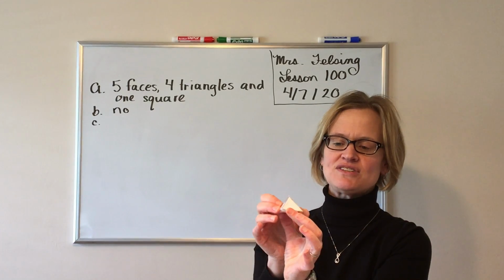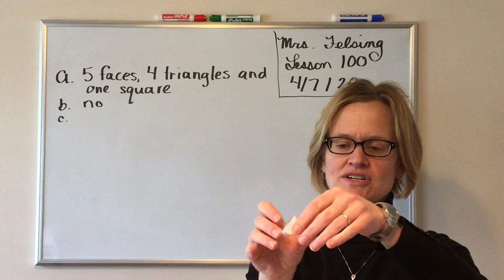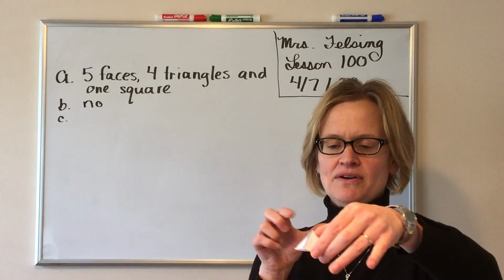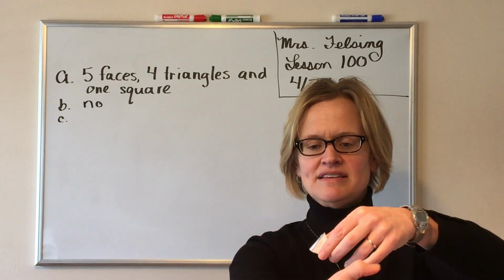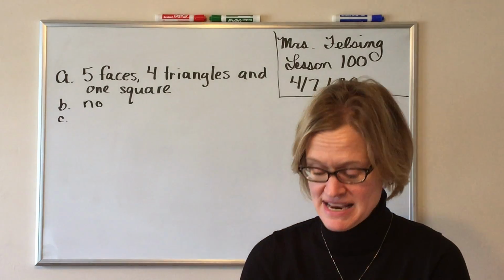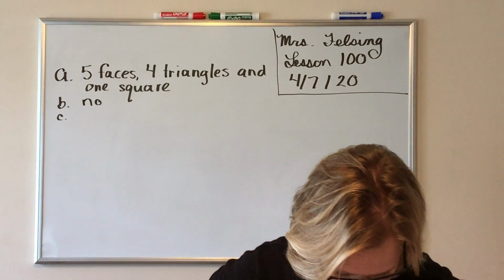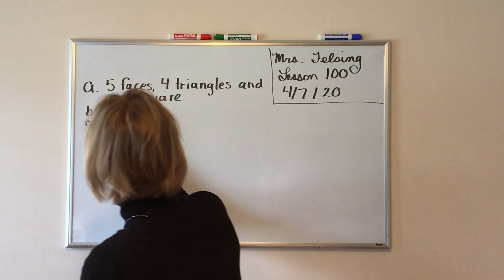But let's look at the edges for the base, okay? So we do have one pair. Actually, these would go parallel. These would go parallel. And then this and this is also perpendicular. So if you look at your edges for the base, you have both of those. So our answer for letter C, we would say yes.